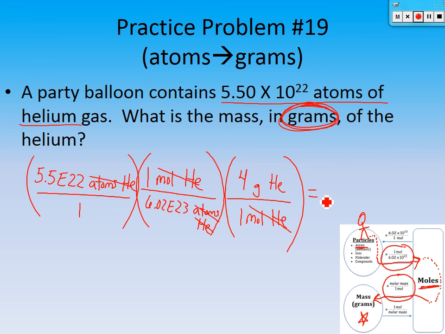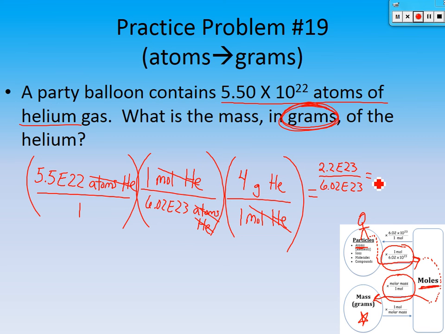It's just a math problem now. We're going to take 5.5 times 10 to the 22nd times 1 times 4. That number will go on top. This is the number I'm getting on top, so 2.2 e to the 23rd. Now the bottom, I've got 1 times Avogadro's number times 1, which is Avogadro's number.